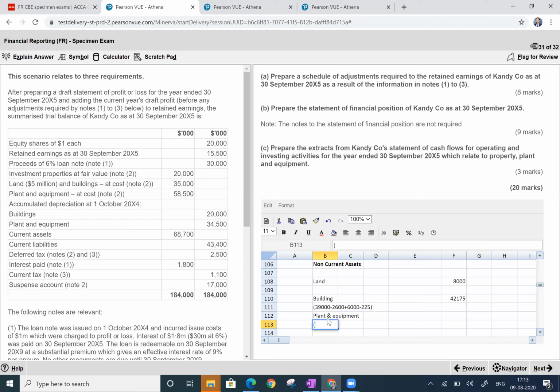As you're aware, the cost of plant and equipment is 58,500, minus accumulated depreciation of 34,500, minus current year depreciation. How much was the current year depreciation? 3,000, so minus 3,000.